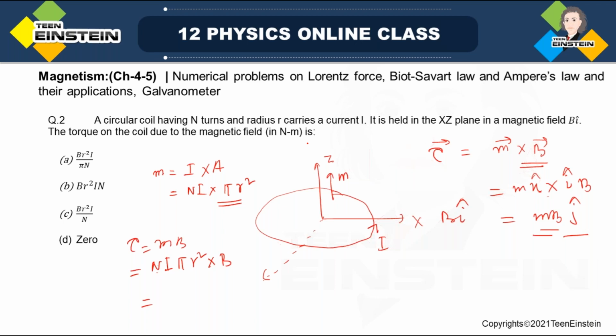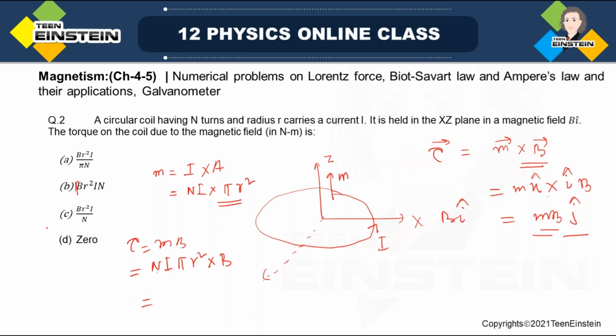Okay, anyway, n into I, so MB sine theta. Okay, so yes, actually our answer is correct. I think I have missed typing pi over here.